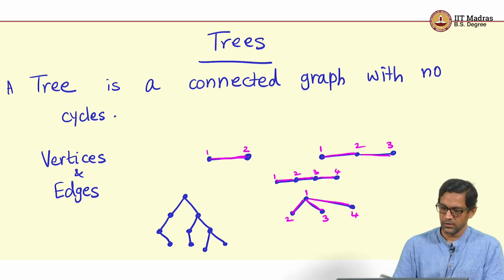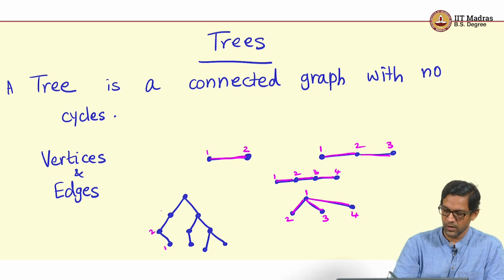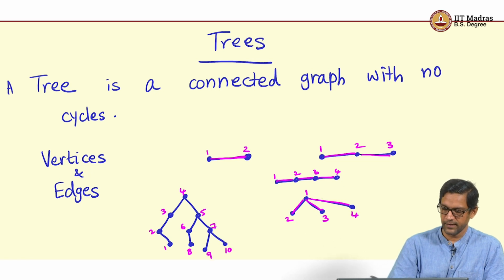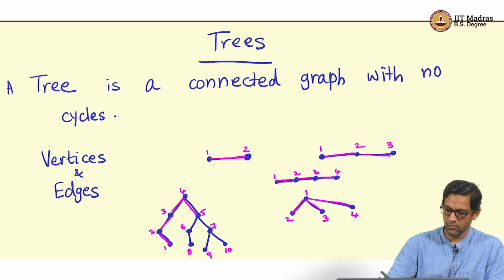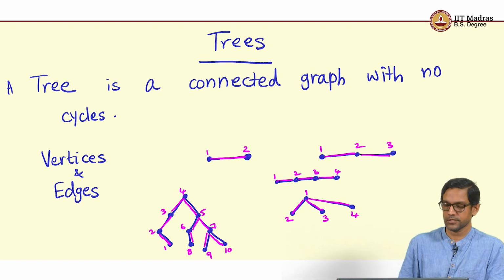And now let's count how many vertices and edges we have. So here's 1, 2, 3, 4, 5, 6, 7, 8, 9, 10 vertices, and 1, 2, 3, 4 edges, 5 edges, 6, 7, 8 and 9 edges. Okay, so 10 vertices and 9 edges.